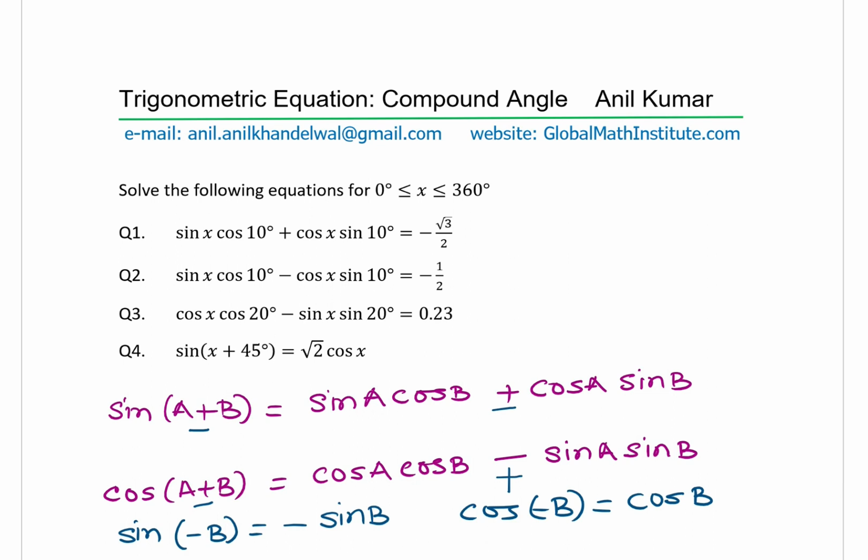Also, look into the domain. We want to solve the equations when x is between 0 to 360. Now remember that we could have 2 solutions for each question. So for that, all are positive here, right, in quadrant 1. Sine is positive in quadrant 2, tan is positive in quadrant 3, and cosine is positive in quadrant 4.